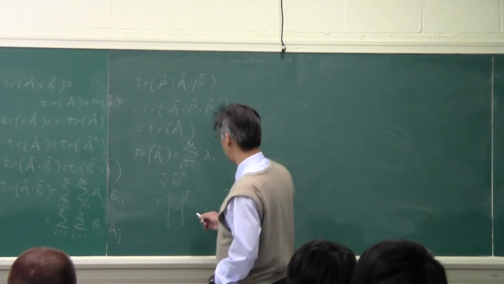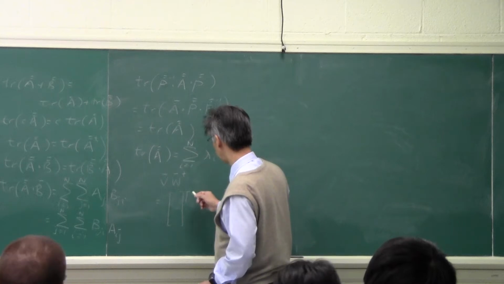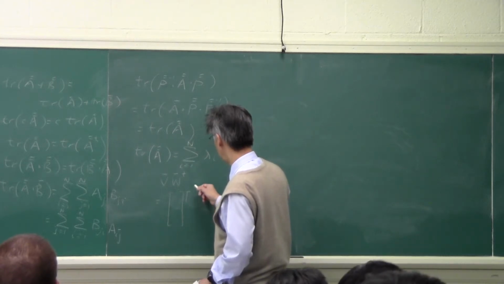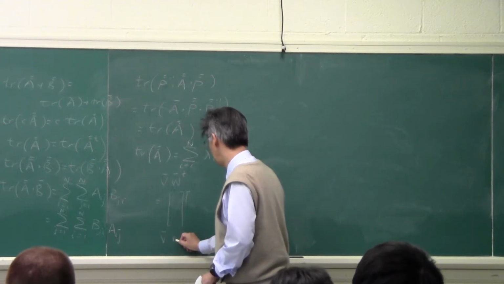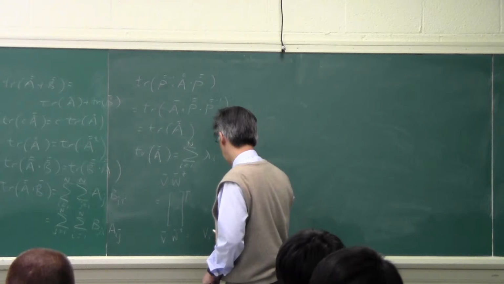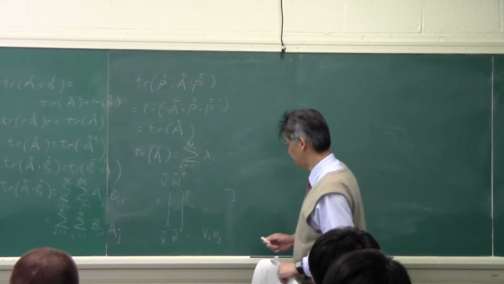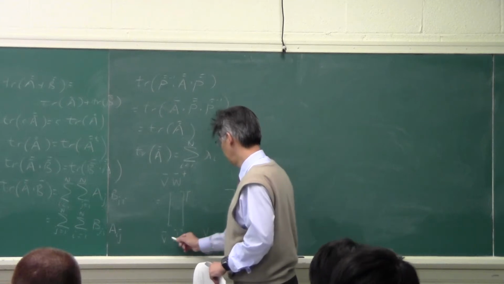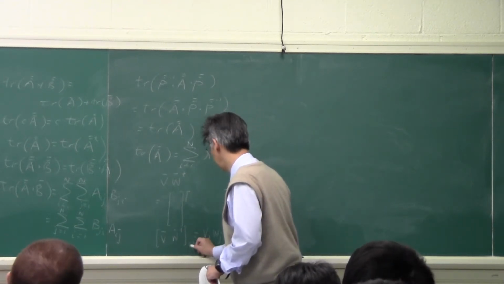And you can write this as V W transpose, where the ij element of this matrix is ViWj.